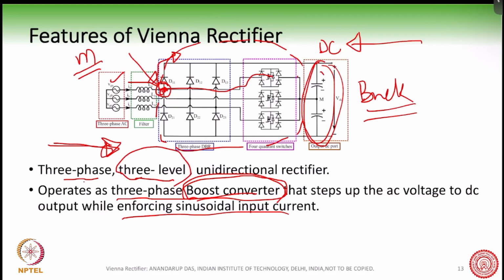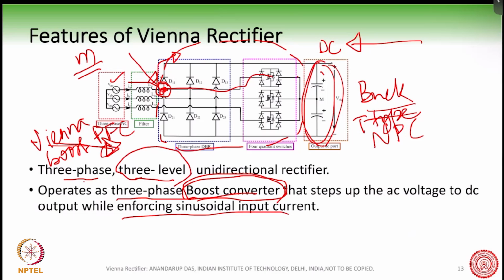So looking from the buck side, you can see that this is a T-type NPC, whereas looking from the left side, you can see that this is a Vienna rectifier or boost PFC. So it all depends on which direction you are looking at.